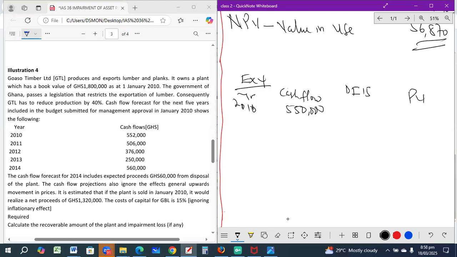So what will be the 15% for year one? Will give us how much? The cash flow is 552,000. Oh, 550, sorry. Okay, so what is the discount factor?